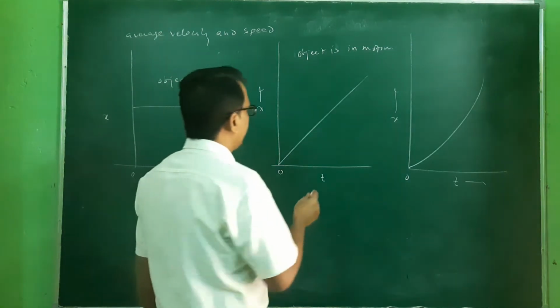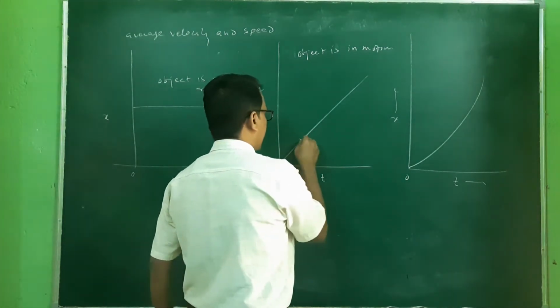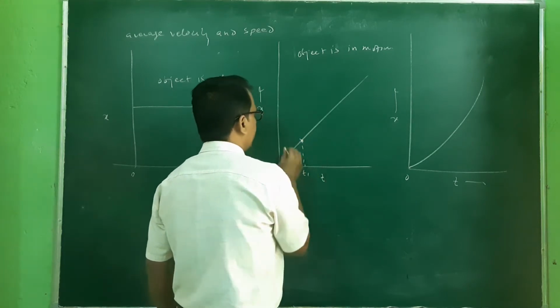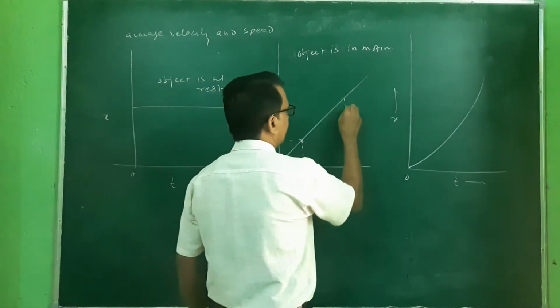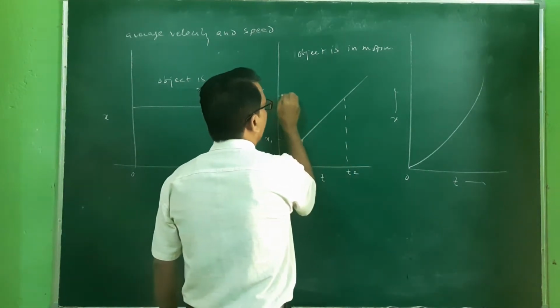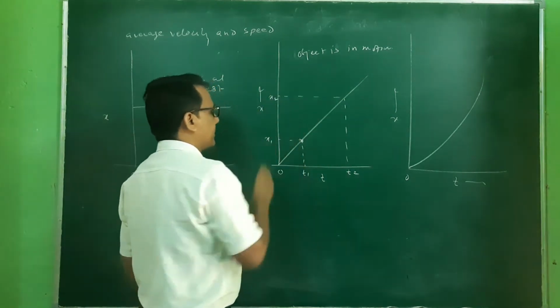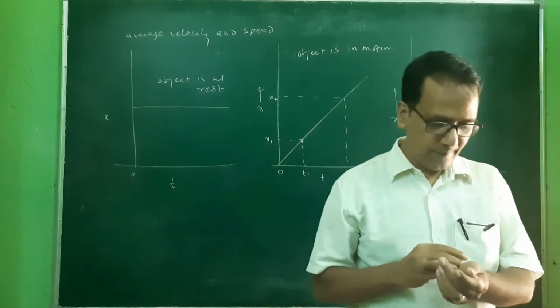If we take two points here, at time t1 the position is x1, and at time t2 the position is x2. In the measurement we are measuring the position with time.